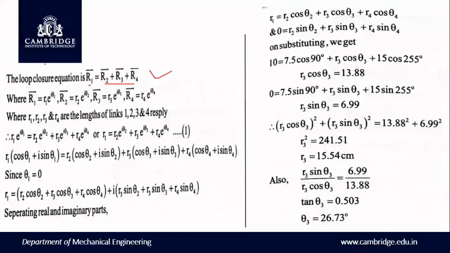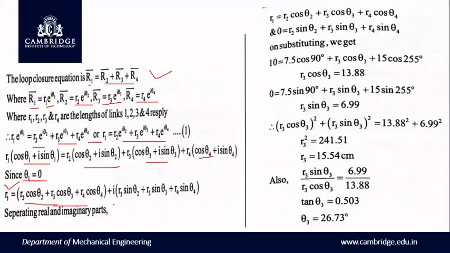So on substitution, we can represent the position vector as R1 e to the power of i theta, then substitute that for the respective position vectors. Then e to the power of i theta can be written as cos theta plus i sin theta. Since in the problem theta 1 is equal to 0, sin theta is equal to 0 and cos theta is equal to 1, we get the left hand side as only R1.